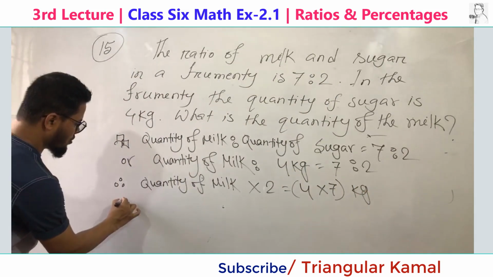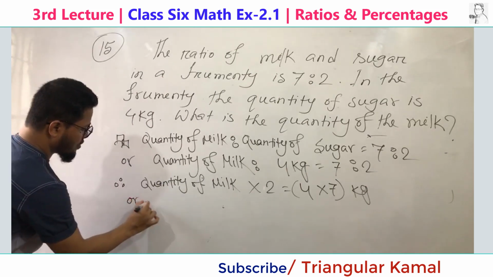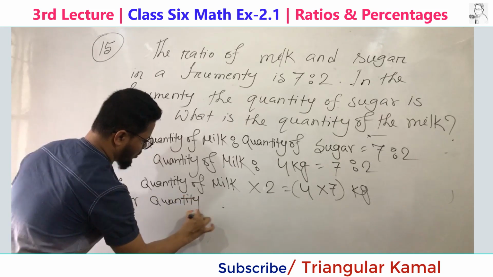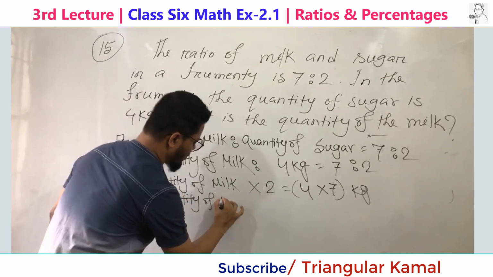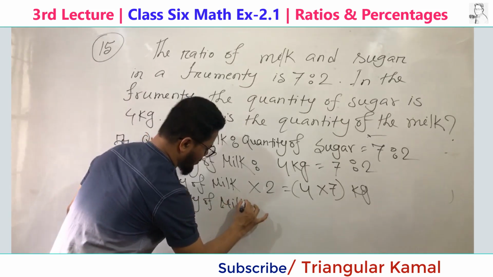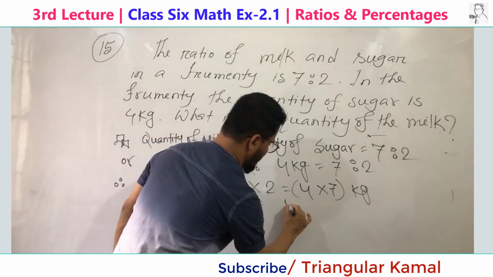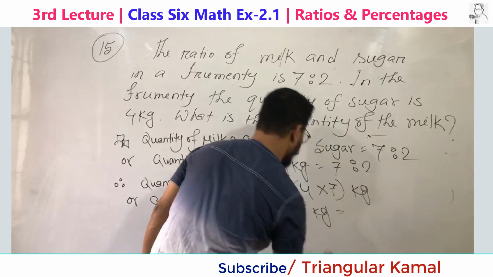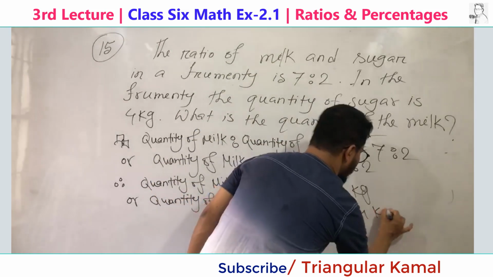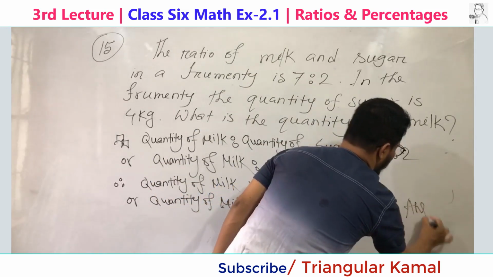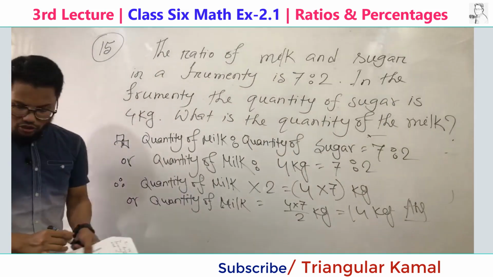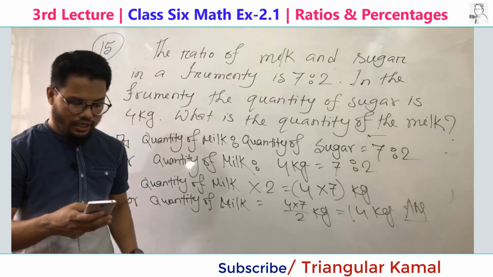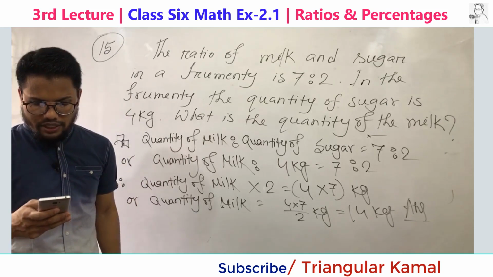So our quantity of milk is 4 multiplied by 7 divided by 2 kg. So this is 14 kg. This is our answer. Maximum students have already done this one. Dear students, revise again. It's very easy maths.